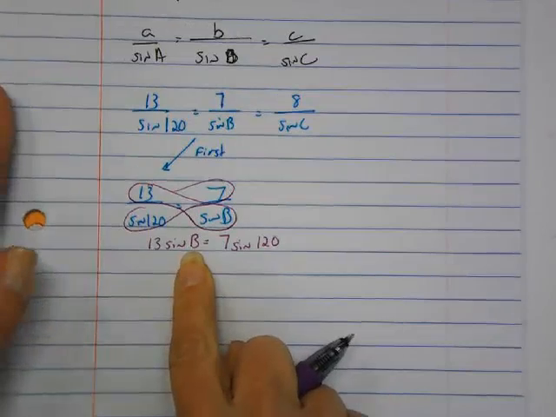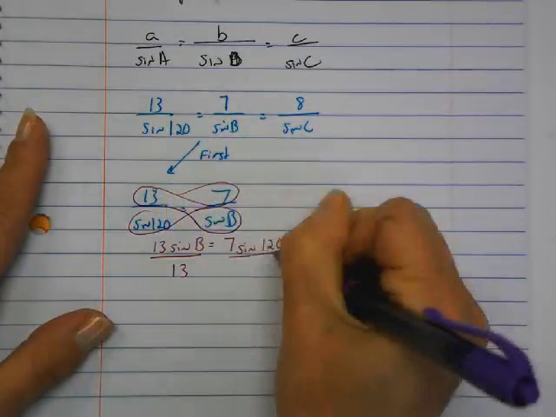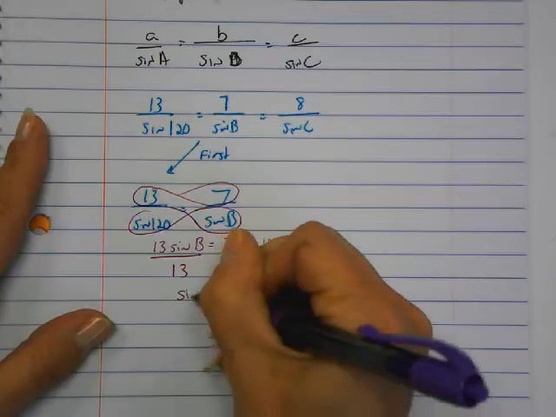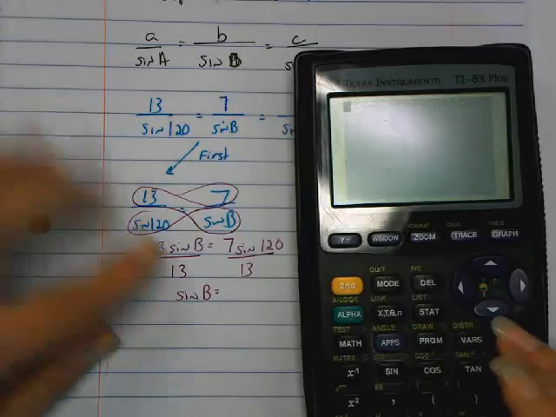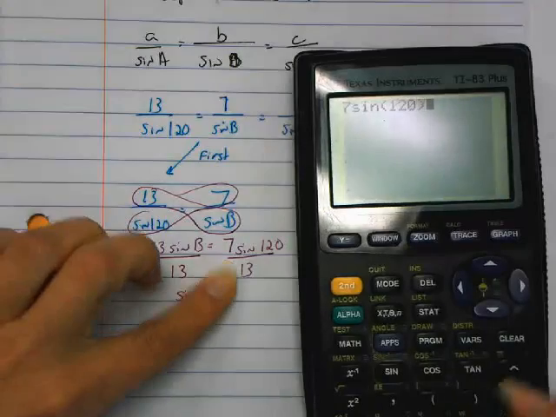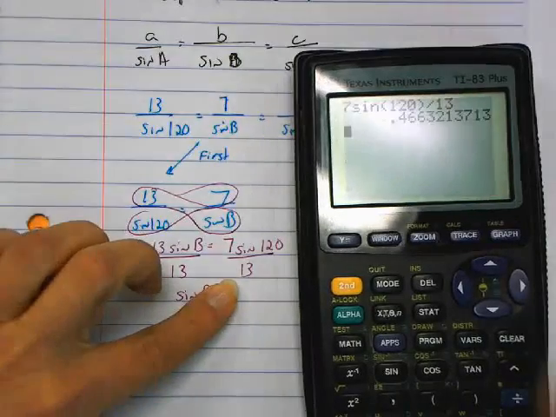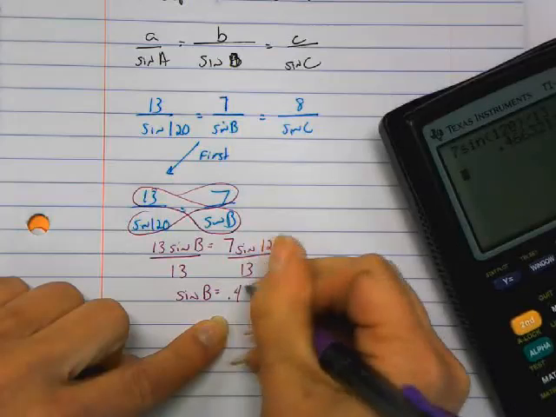Now, to get B by itself, I take the inverse sine. So inverse sine of 0.4663 is equal to 28 degrees. Now, if you want to be guaranteed 100% sure that you're right, you could do this proportion to find c. Or we can say, I think I'm okay.